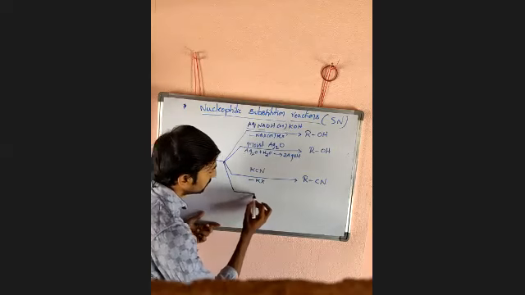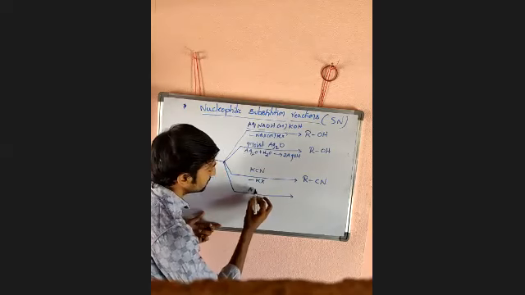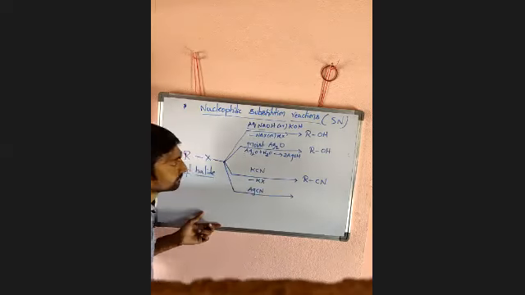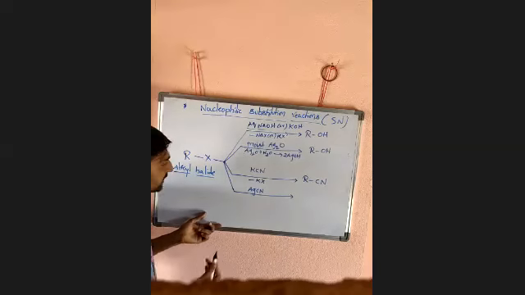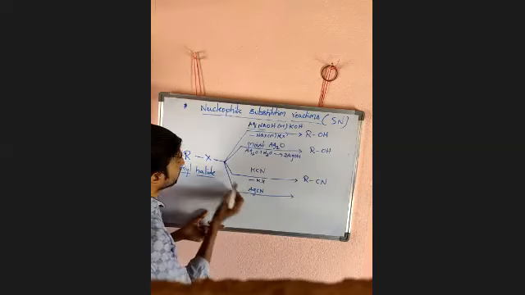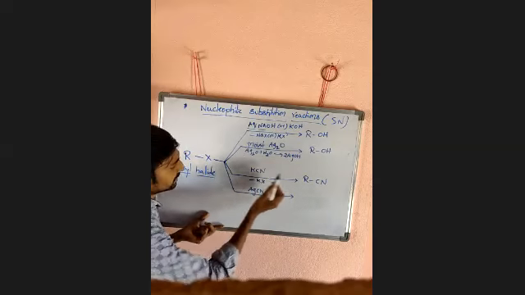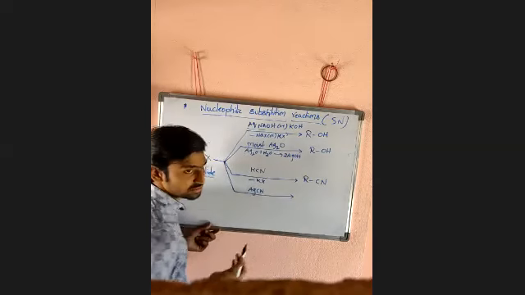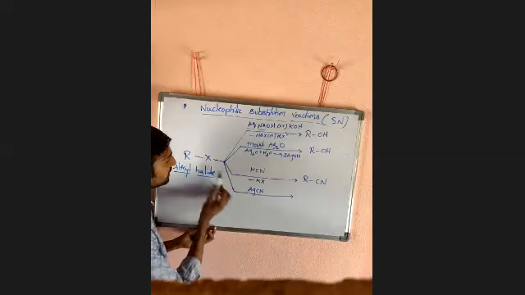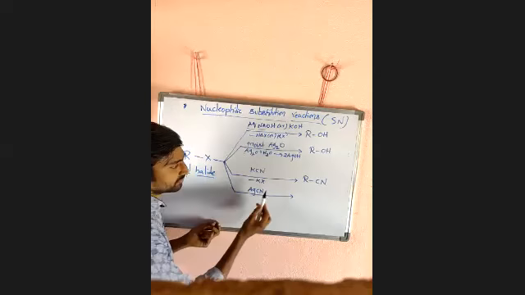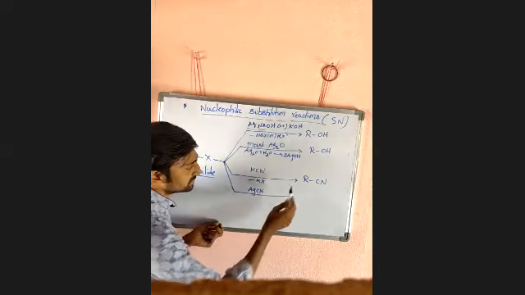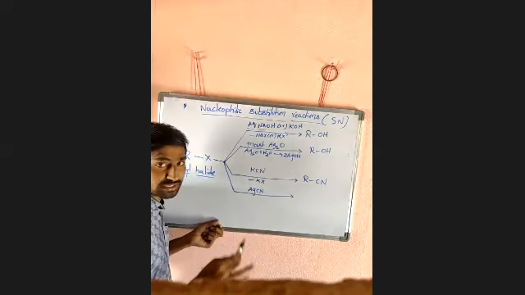But in case of AgCN, we think that it is the same. Here KX is eliminated and the remaining RCN is formed. But here Ag takes the X and is eliminated in the form of AgX, and the product is RCN again. But actually, this is very important.